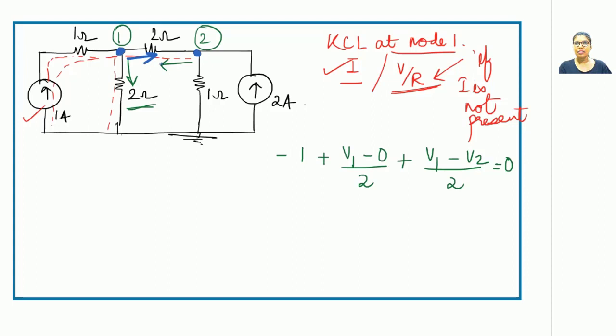So naturally, these things are taken care of. Because just like in mesh analysis, we always had a parent loop or a parent mesh, similarly, for nodal analysis, we have got a parent node. So whenever you are considering the parent node, you have to assume the current in the outward direction.